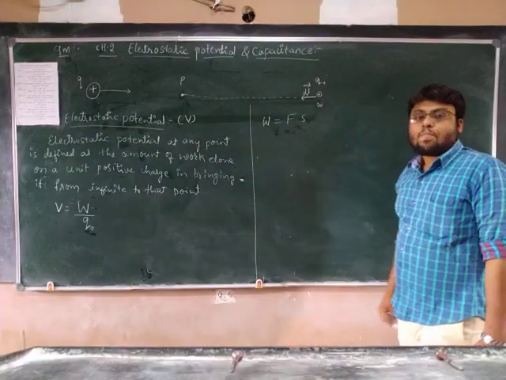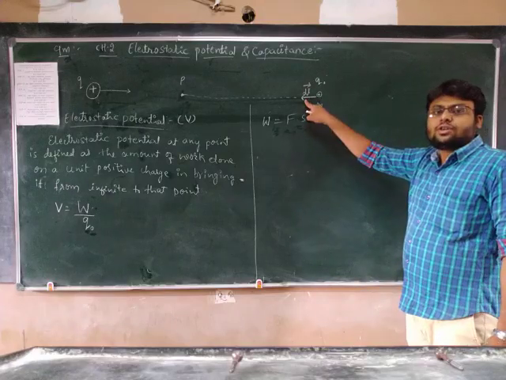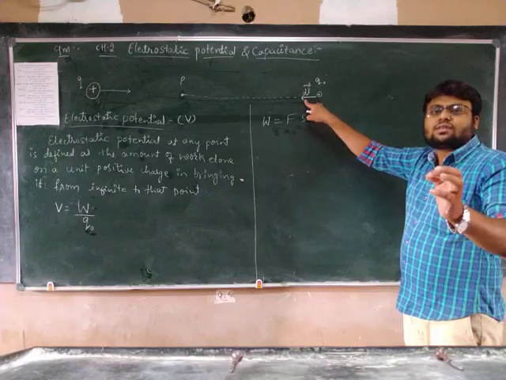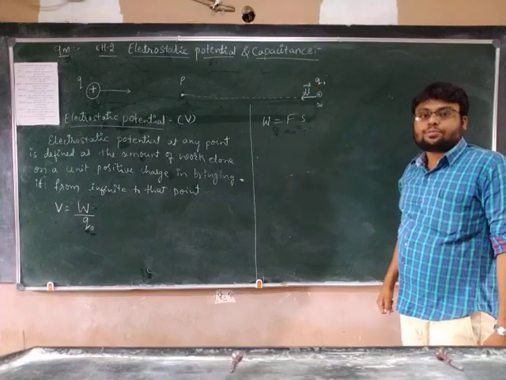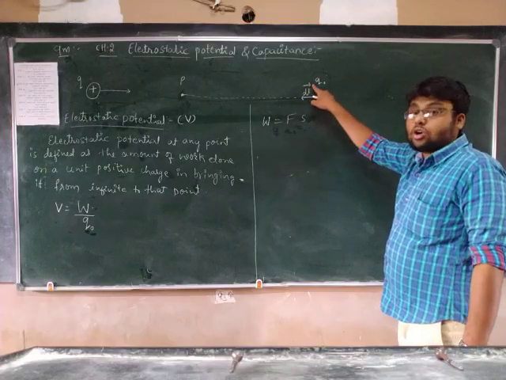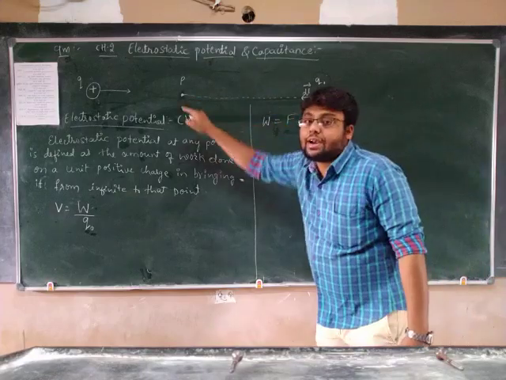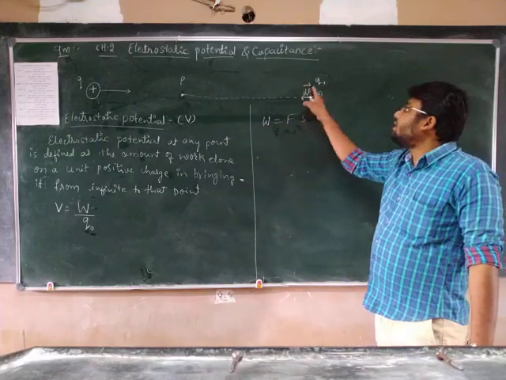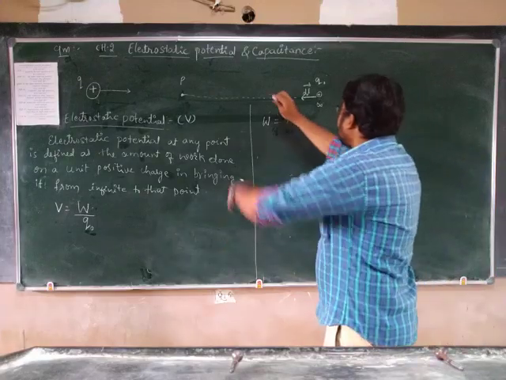dl is the small distance that the unit positive charge has been moved through. Is it clear? I have written a vector here because I mentioned the direction. The charge is moving towards point P, that's why I consider vector dl.